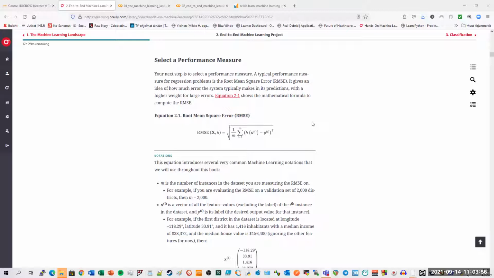But the larger the difference between the function and the particular data point, and you see here it's squared, the larger the cumulative error. There is a summation: you sum over every data point. You have m data points.